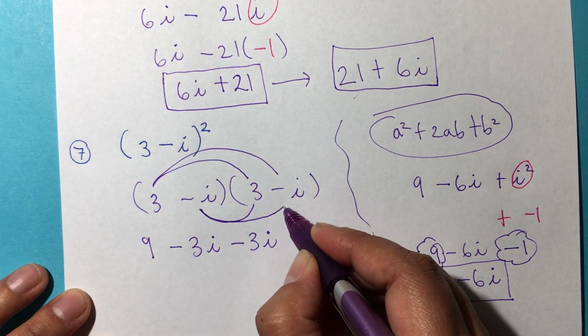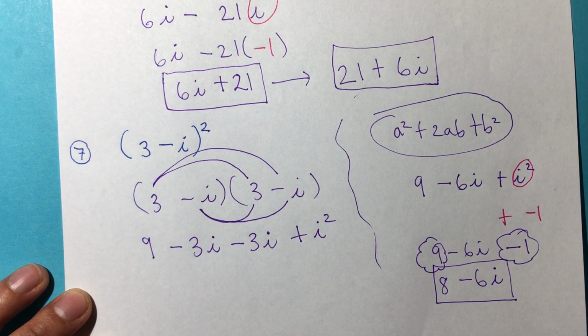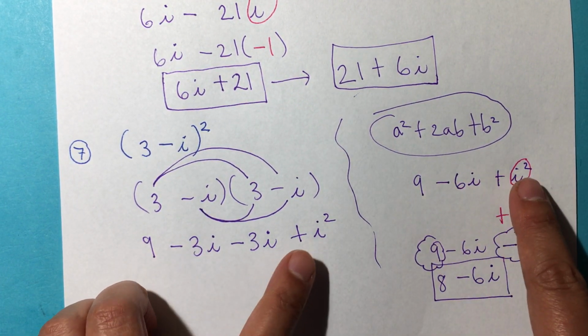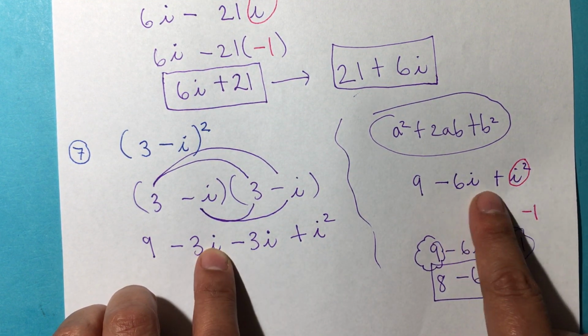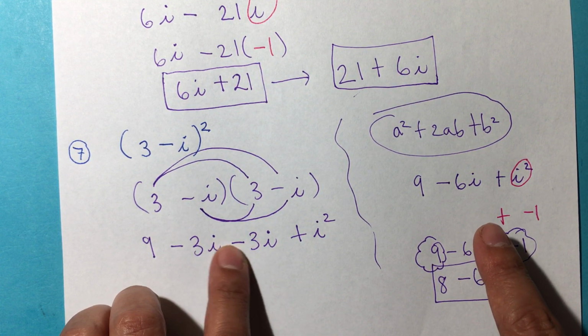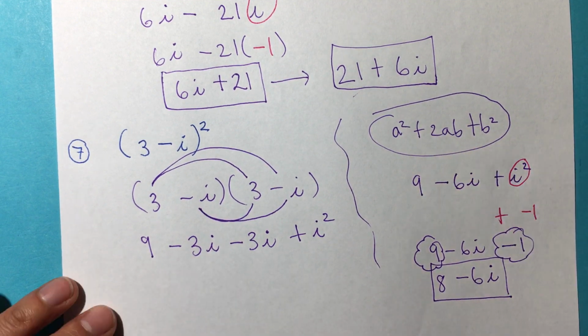And negative i times negative i becomes positive i squared. I want you to notice how these are similar for the first and last term. And then the middle, the 2 terms in here become that double, right? It's always going to be the same, 2 of the same. That's why they say twice ab, okay?